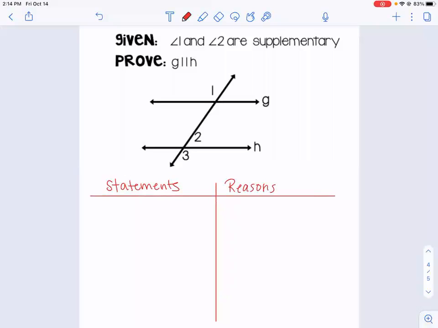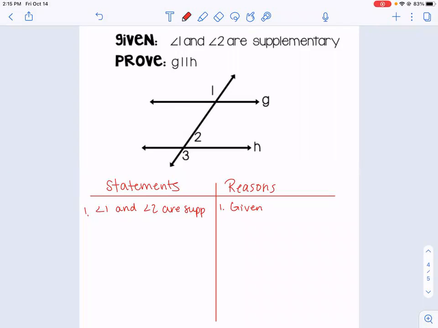Okay, so it is given to us that angle 1 and angle 2 are supplementary. Cool. Well, we're gonna get there. So we know that 1 and 2 are supplementary. Now, do 1 and 2 have a special relationship of those four? No, they aren't.